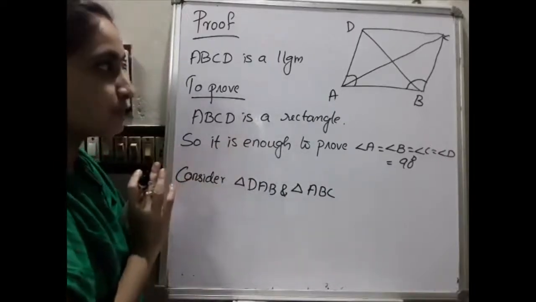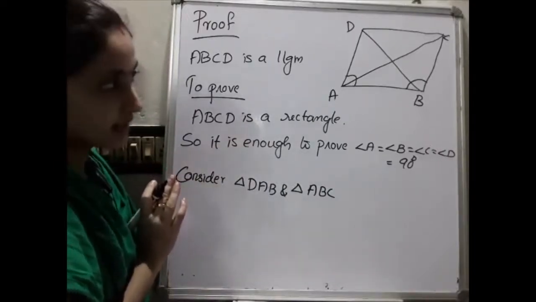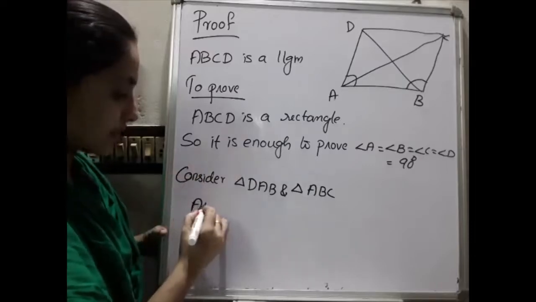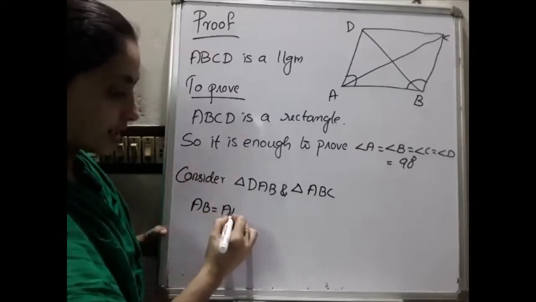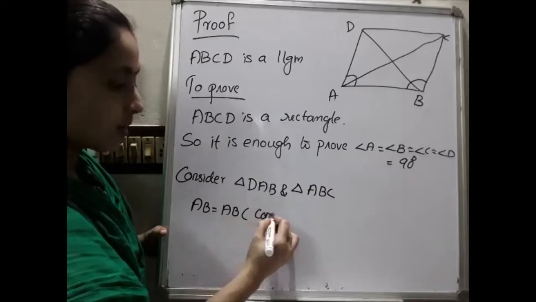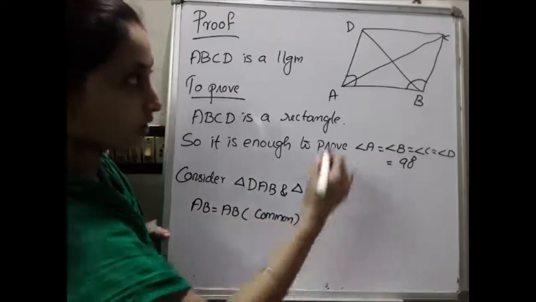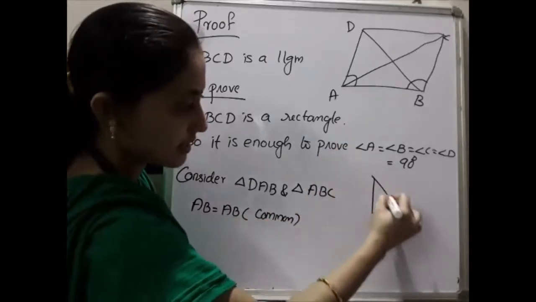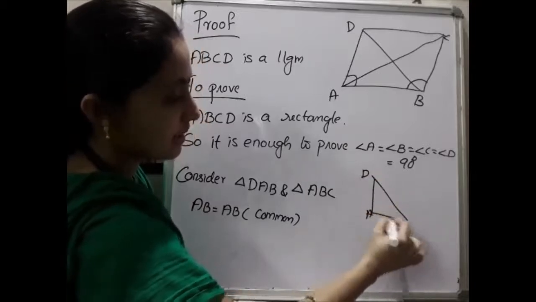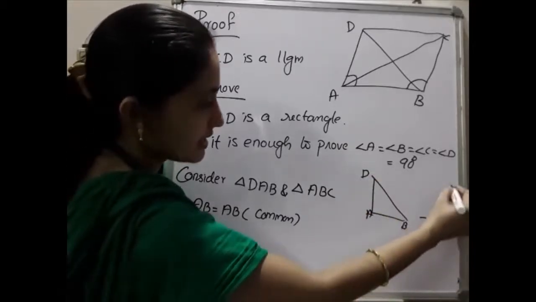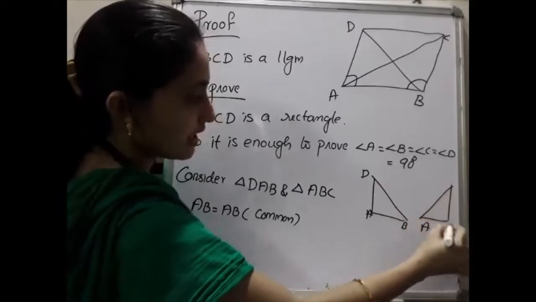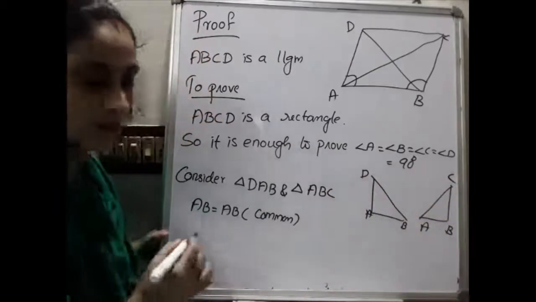Can you say the congruence? Yes, AB is equal to AB, that is common, which you already know. Why? Because it is common to both. So I will write this. The first one is DAB, and the second one is ABC.